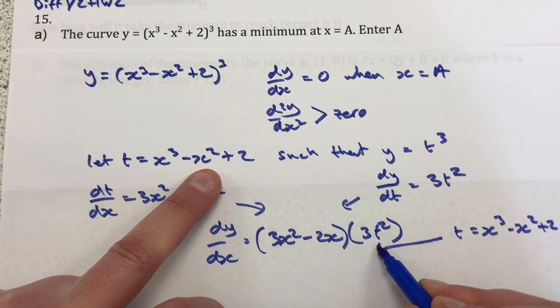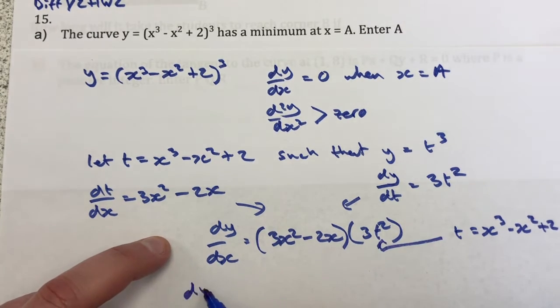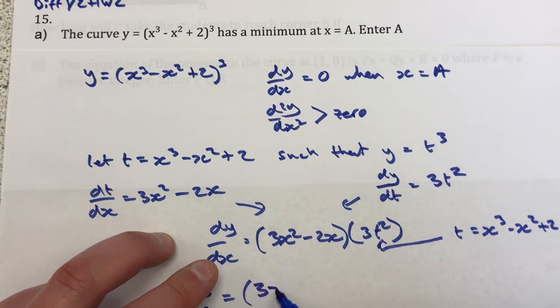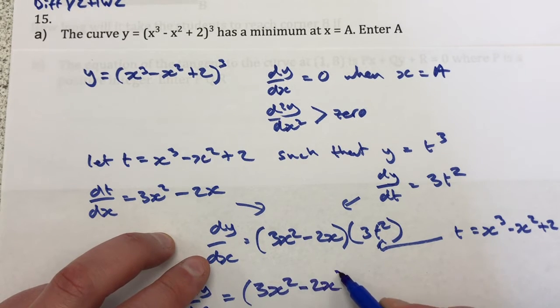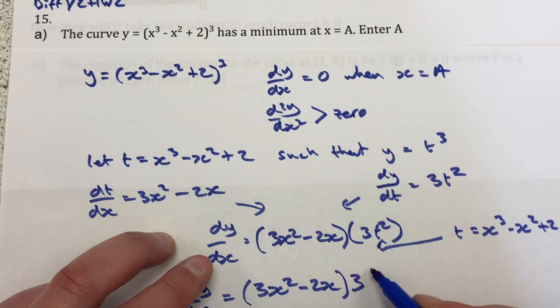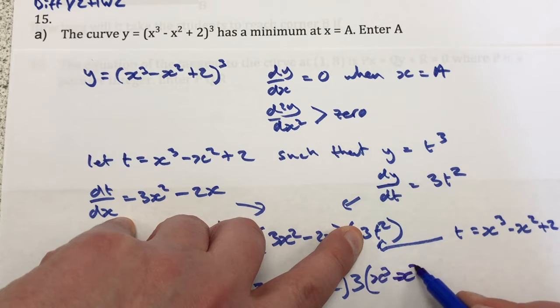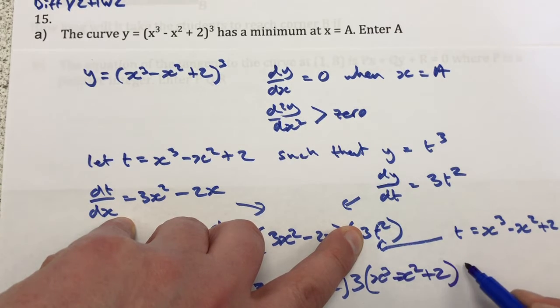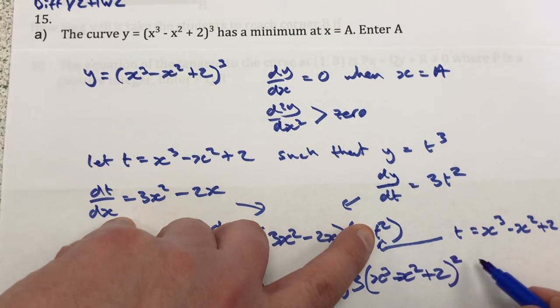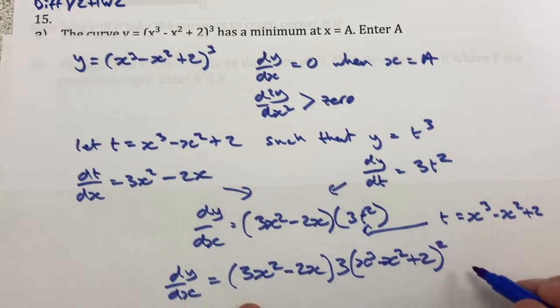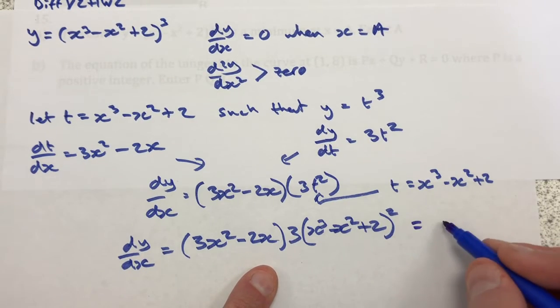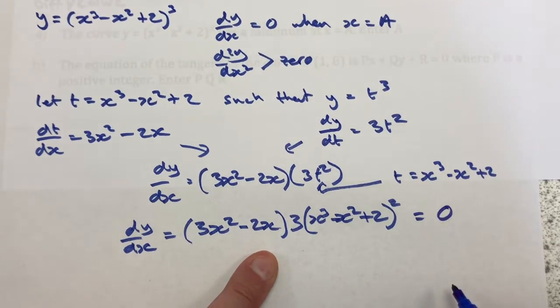Put that back in there. So we end up with dy/dx equals (3x² − 2x), close brackets, and then 3 lots of (x^3 − x^2 + 2) all squared, and we need the gradient of the line to be equal to 0 for a maxima or a minima.